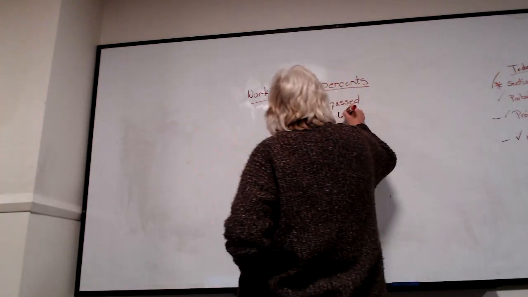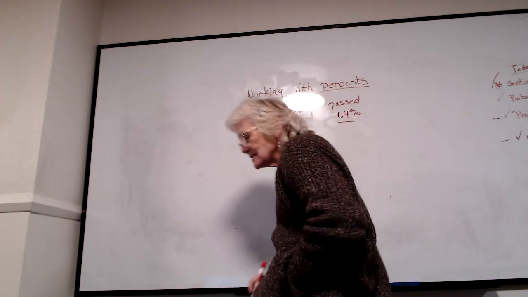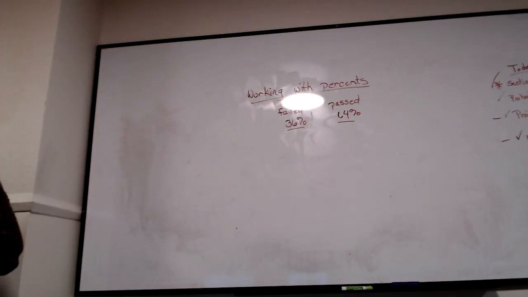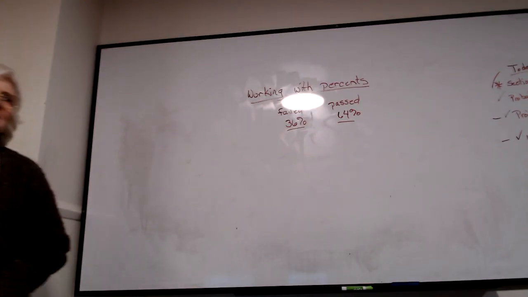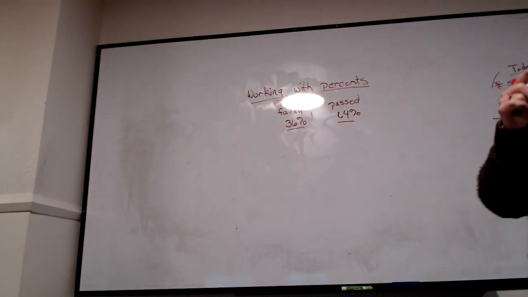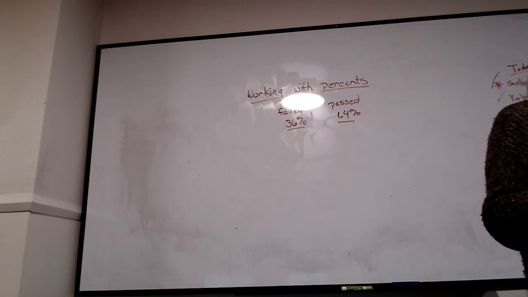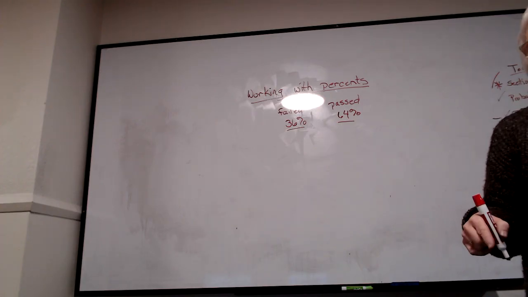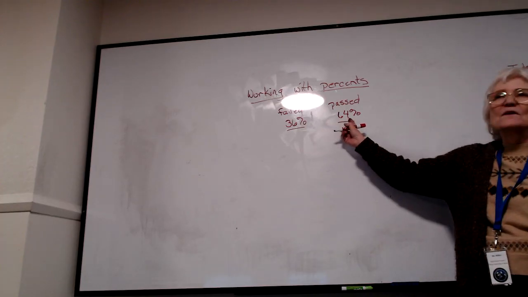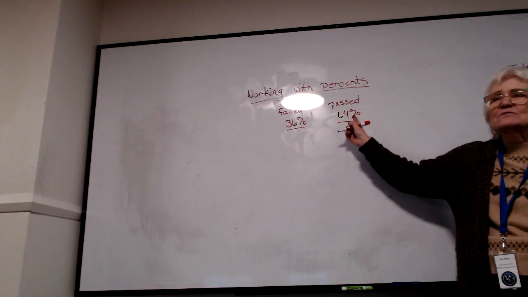Because remember, if you have two choices, they must add up to 100%. So if your question says 36% failed, how many of the 3,000 students passed? Well, what you want to do is just find 64%. So that's what you're going to use.